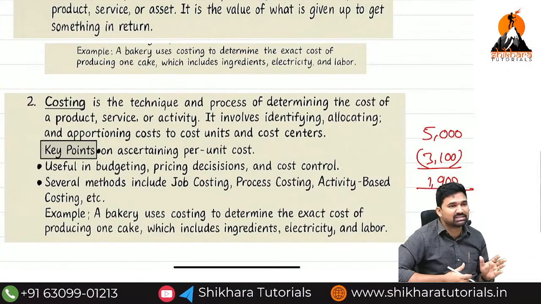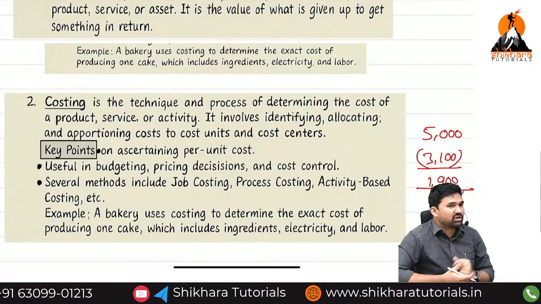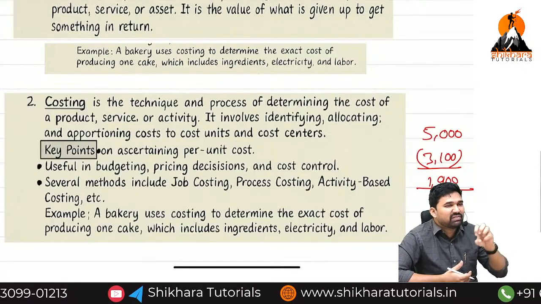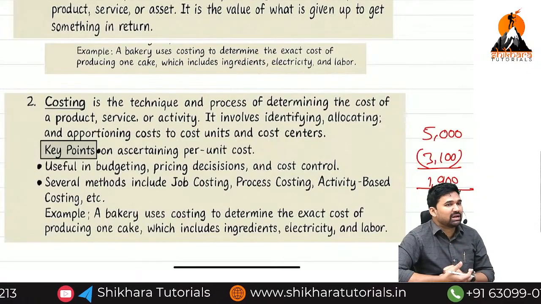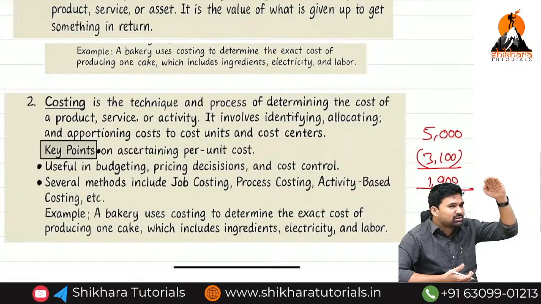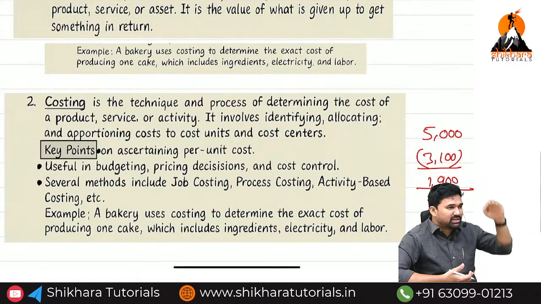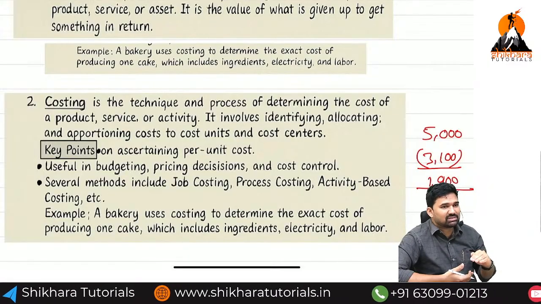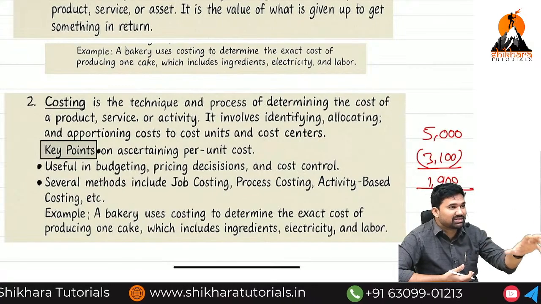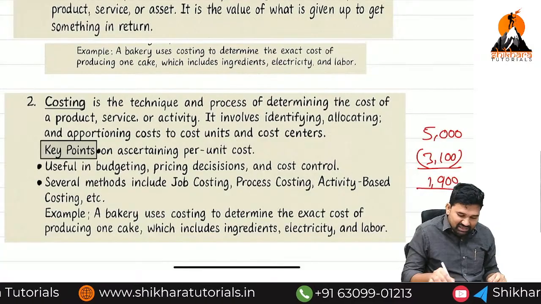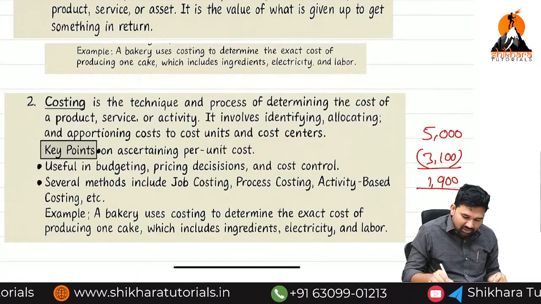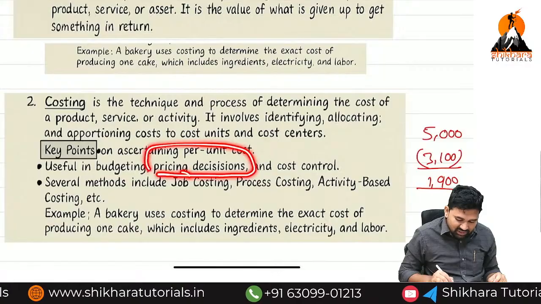Money or medicines? Money. So in order to get quick money from the open market, what do they need to do? They need to slash their prices. They need to reduce their prices. They need to offer a discount. How much discount should they offer? That is the pricing decision. That is what we call a pricing decision.